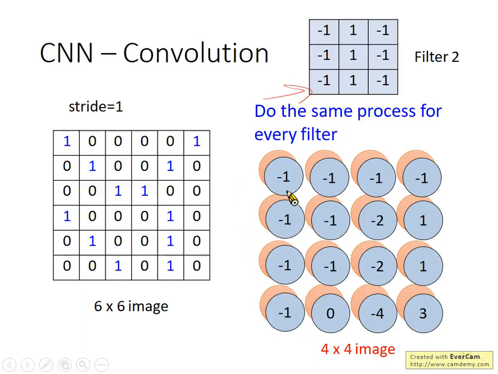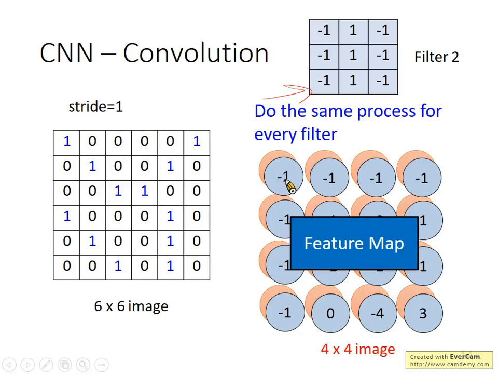Based on one filter, we get a 4x4 result, and based on another filter, we get another 4x4 result. These 4x4 results are called feature maps. Basically, the feature maps are the filter responses of the whole image when we do the convolution.